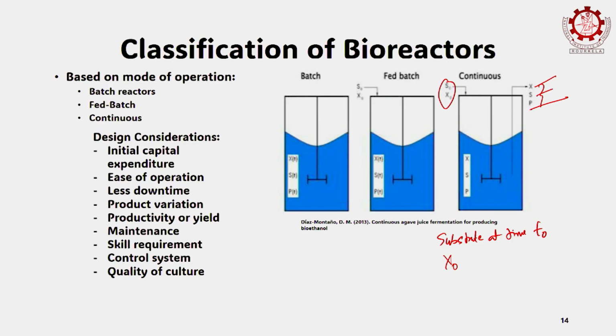So, what are the design considerations for a bioreactor? The most important for any startup in the world, capital. Similarly, if you want to set up a bioreactor facility or any fermentation facility, the very first thing that will come into picture would be your initial capital expenditure.